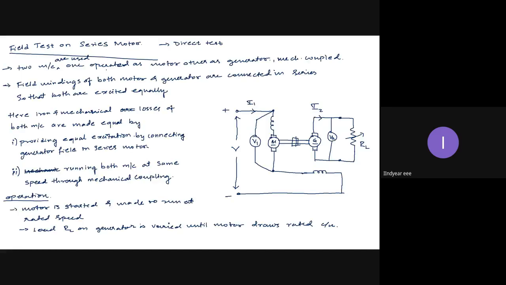Let V be the supply voltage, V1 the motor input voltage, so the motor voltage is taken across the field and armature in series.